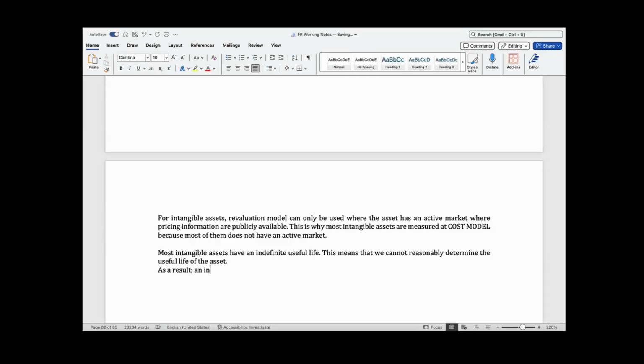an intangible asset with an indefinite useful life cannot be amortized. Amortization is the term that replaces depreciation for PPE.